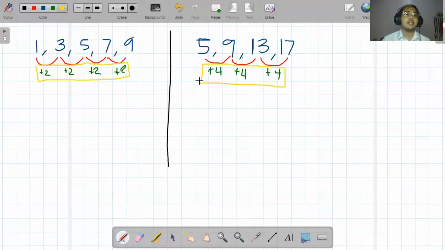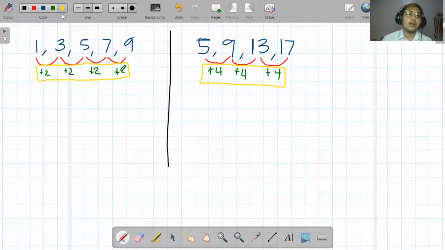As you can see, in these two examples, they are similar. Although their patterns are different, both add. We got the next term because we added a number to the previous term. Previous means the term before, so we get the next one. Again, back to 1, 3, 5, 7, 9.